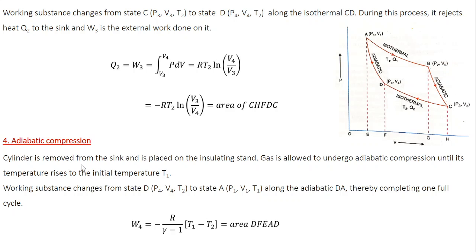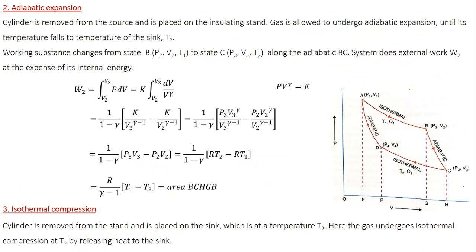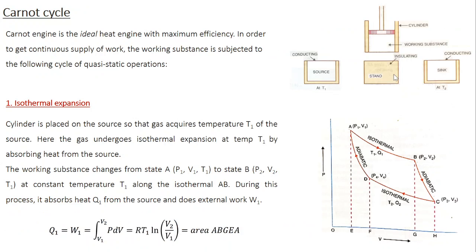And the final process, adiabatic compression. Here the cylinder is removed from the sink and is placed on top of the insulating stand. So what happens? The temperature is low, it is T2, so the gas continues to compress. As a result, volume decreases from V4 to V1, and when volume decreases, the pressure increases.